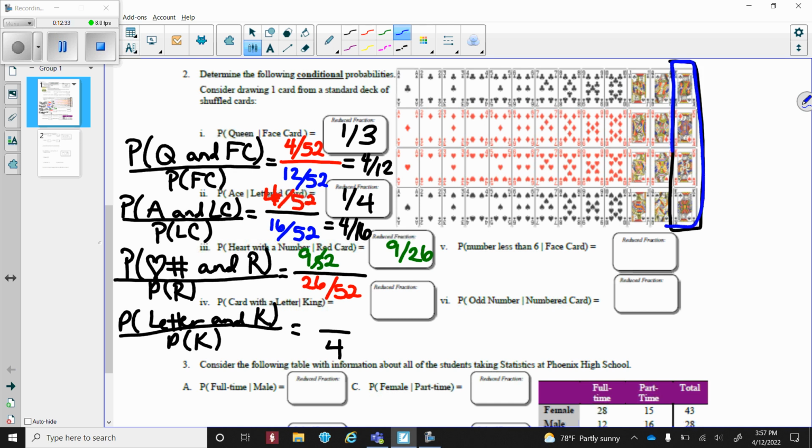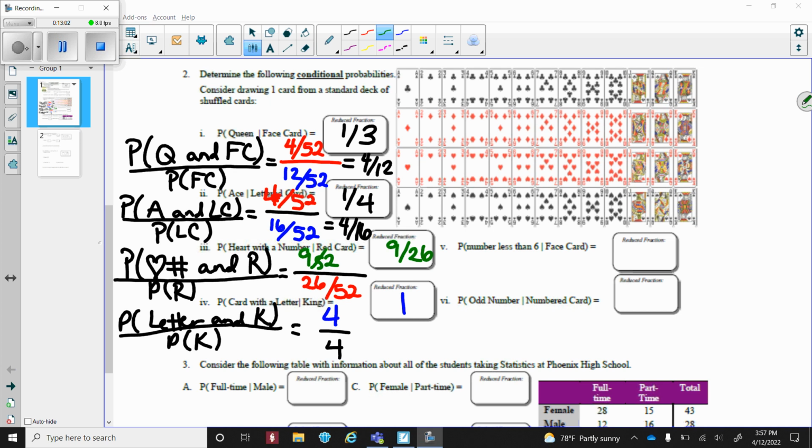Well, if they're lettered and they're a king, it's still going to be this 4. We can write 4 over 52, or we can just write 4. 4 divided by 4 gives us a probability of 1. So if we're trying to draw a card with a letter, given that it's a king, it's going to happen every single time. It has a 100% probability rate.